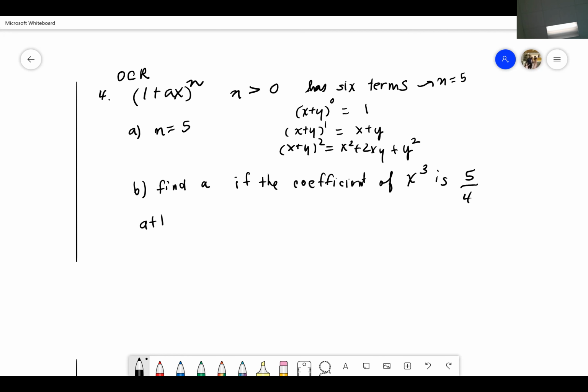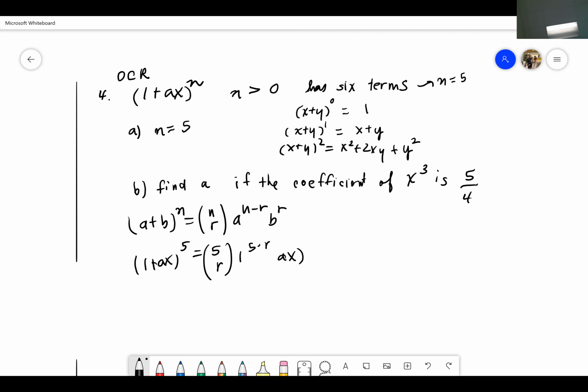Remember, a plus b to the n is nCr, a to the n minus r, b to the r. So 1 plus ax to the n is, well, remember, n is going to be 5. Let's just leave r open for now. 1 to the 5 minus r, ax in parentheses to the r.